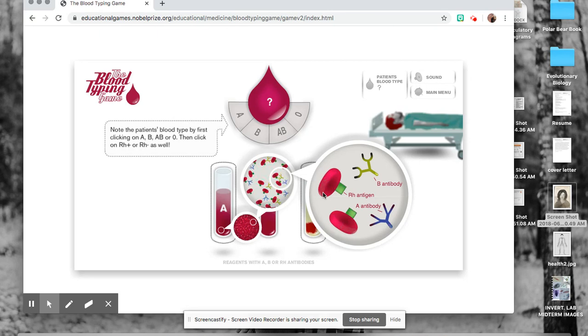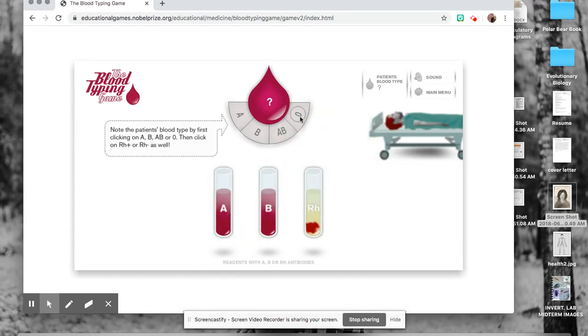I can see that I have an RH antigen, but I do not have an A or a B antigen. So when you're thinking about what blood type this is, remember that the antigens present tell us what our blood type is. Okay, so I don't have A or B, so that means that this blood type is definitely O.